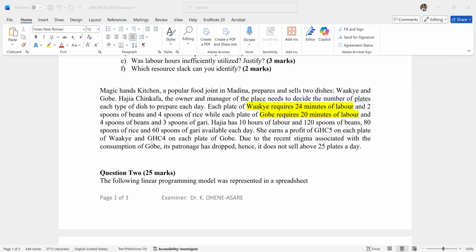So it's based on a limitation or an overconsumption of the decision variable. For example, this one that says she cannot sell above 25 plates. So the constraint is the limitation on the actual plates she can sell, which is a decision variable. Yeah, that is a mixed constraint. Okay, thank you very much.